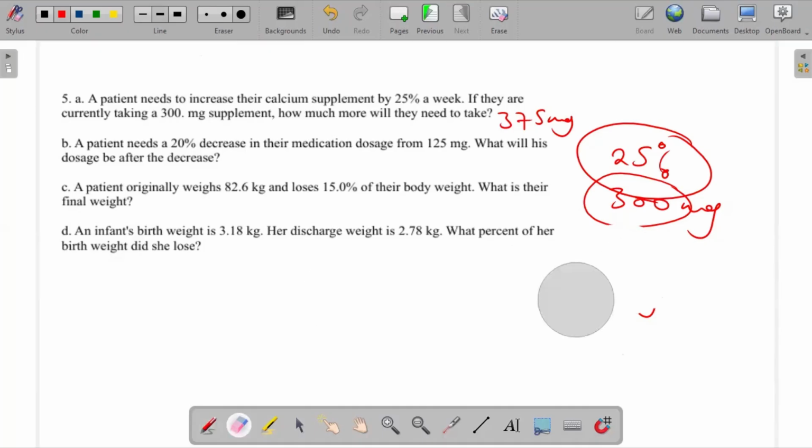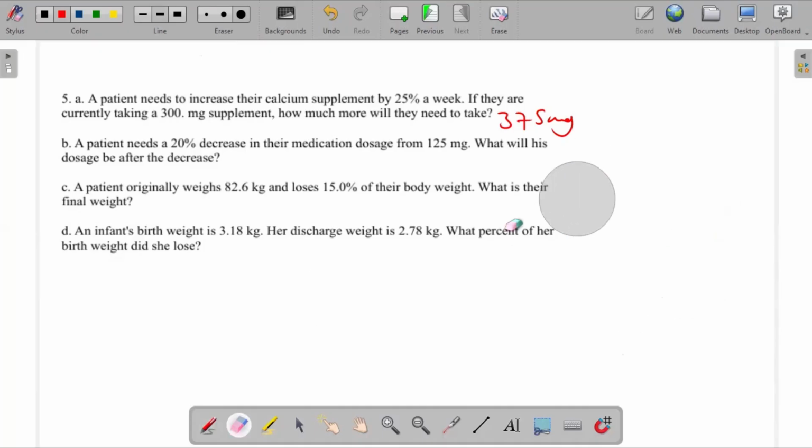Okay, so now we go to the next one, part B. It says a patient needs a 20% decrease in their medication dose from 125 milligram. I don't know if there are people who are doing pharmacy here, but if there are, this is going to be important.